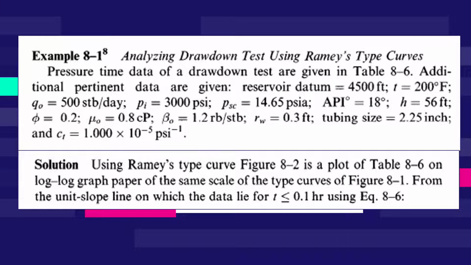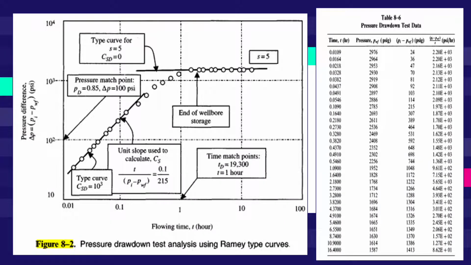For the solution, using Ramey's type curves, Figure 8.2 is a plot of Table 8.6 on log-log graph paper of the same scale as the type curves of Figure 8.1. From the unit slope line on which the data lie for T less than or equal to 0.1, using Equation 8.6. Next, we got the pressure difference.